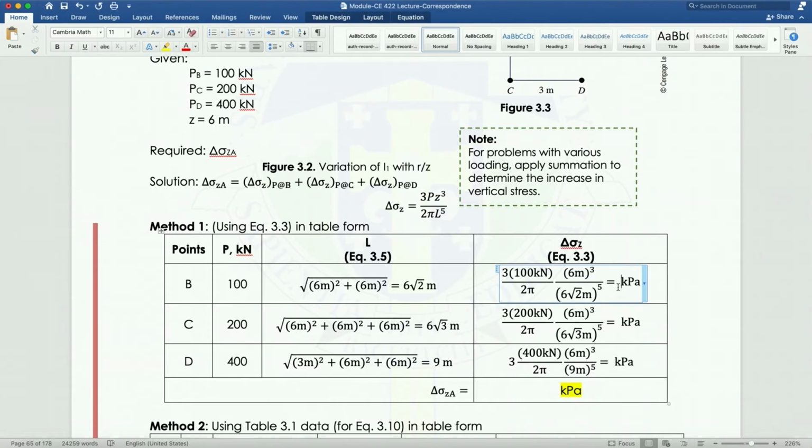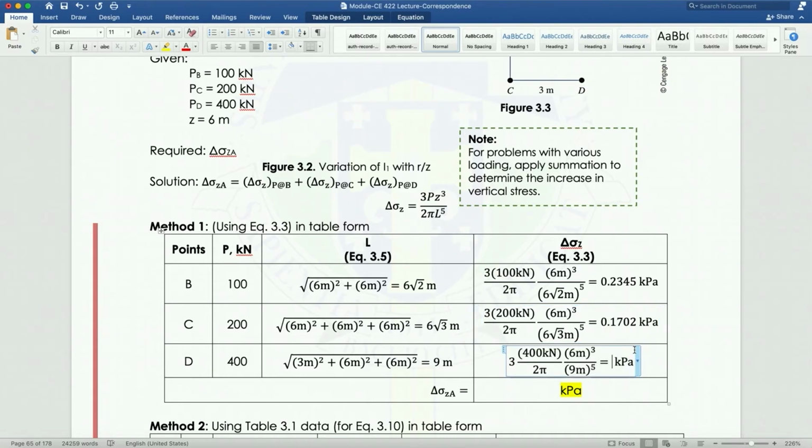Wait, parang may kulang ng cube. So raised to the 3rd power, that is equivalent to 0.2345 kilopascals. Next, for point C, we have x is 200, then y is 6 times the square root of 3, and that is 0.1702.